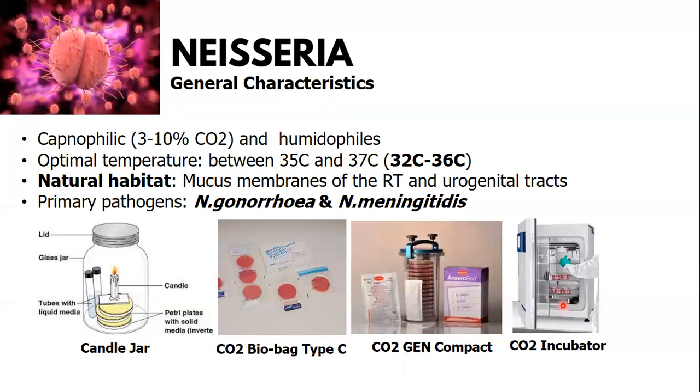The natural habitat of Neisseria species are the mucous membranes of the respiratory tract and urogenital tracts. So take note that even among healthy individuals, Neisseria organisms inhabit in these areas as commensals.